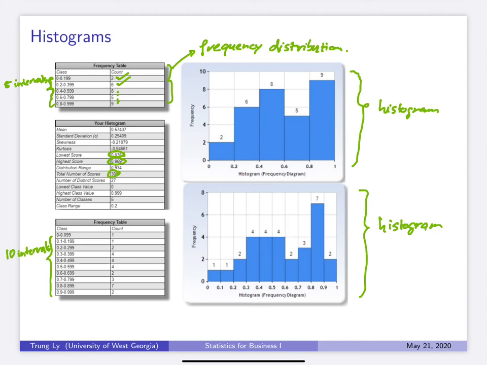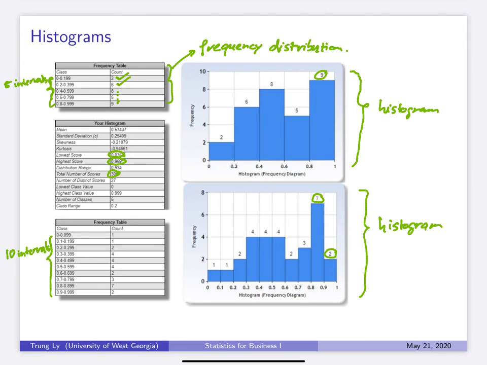For example, from the first histogram, we know that 9 observations are between 0.8 and 0.999. But the second histogram tells us that 7 of those observations are between 0.8 and 0.899, and only 2 are in the interval from 0.9 to 0.999.